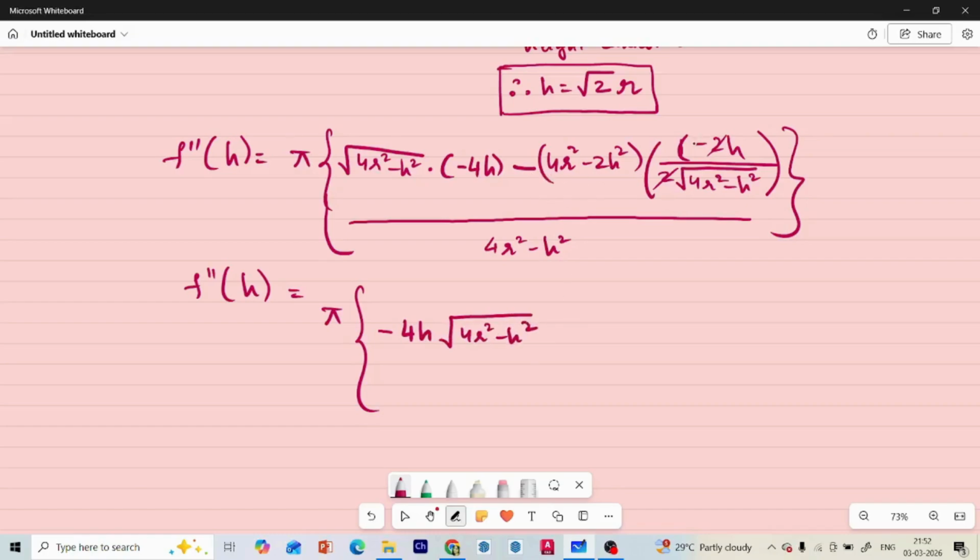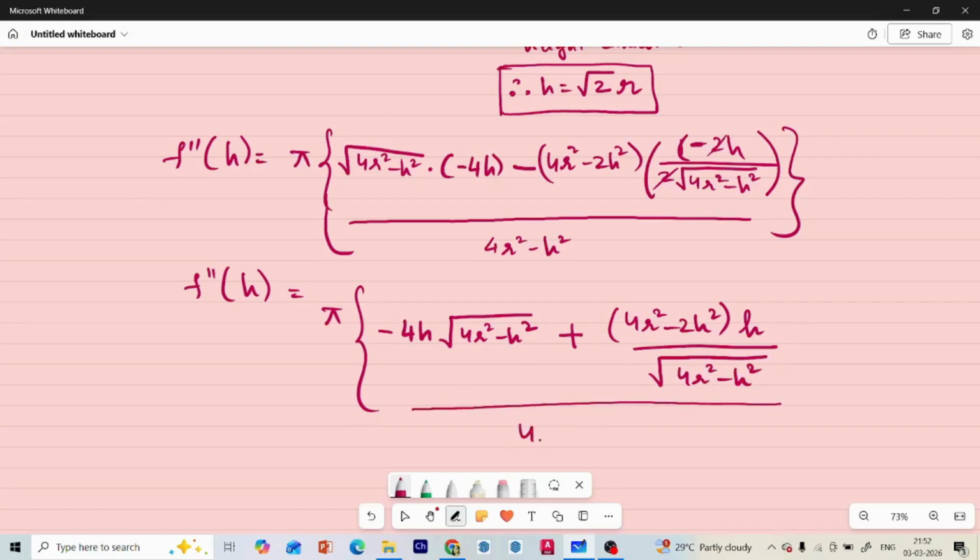Okay, this minus and this minus, both cancel and here plus comes, 4r square minus 2h square into h by root over 4r square minus h square, whole divided by 4r square minus h square.